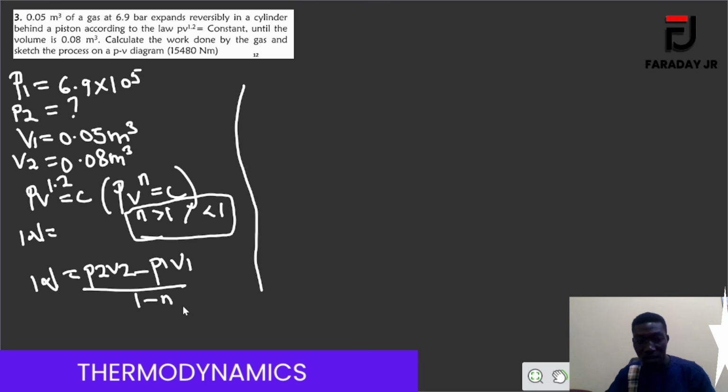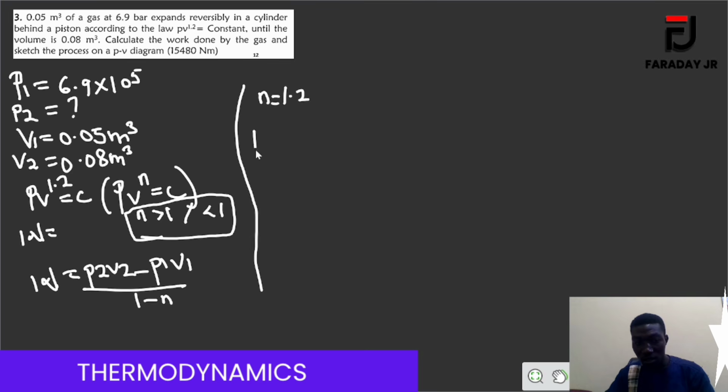First of all, I know my n is equal to 1.2. I don't know my final pressure, but my final volume was given. So let's solve for P2.